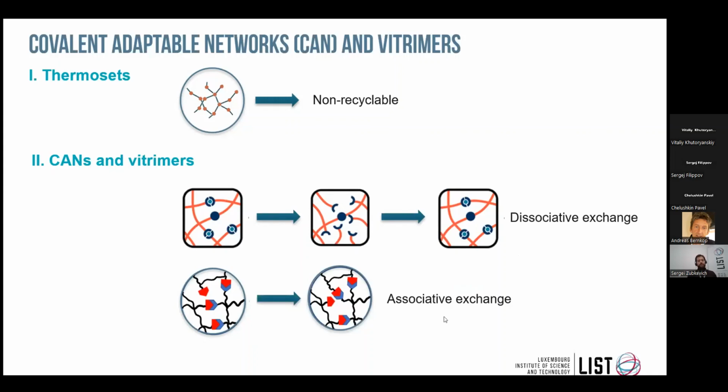Vitrimers can have both types of exchanges inside, but mainly it's associative exchange. That means that we don't lose integrity of the network during reprocessing, and that defines the retainment of mechanical properties and of the shape of our sample and material throughout the whole range of reprocessing.